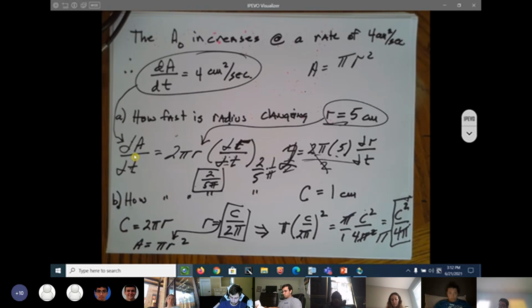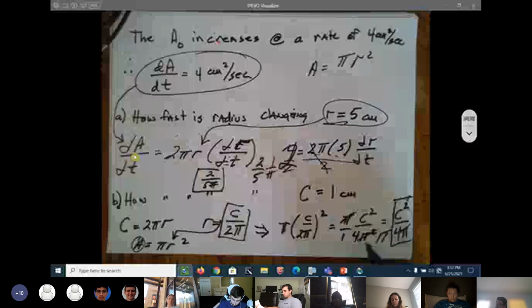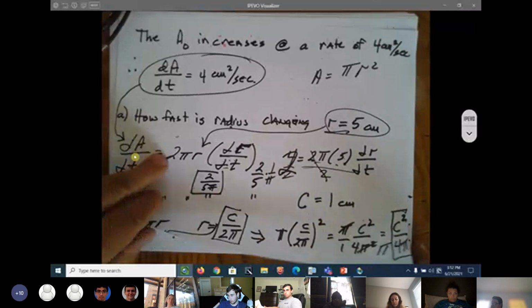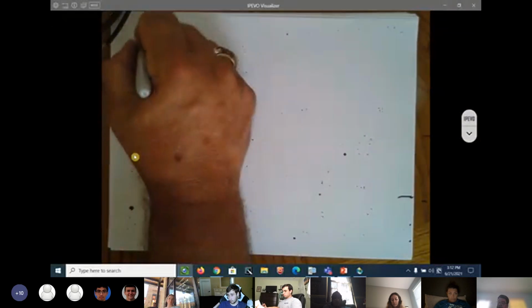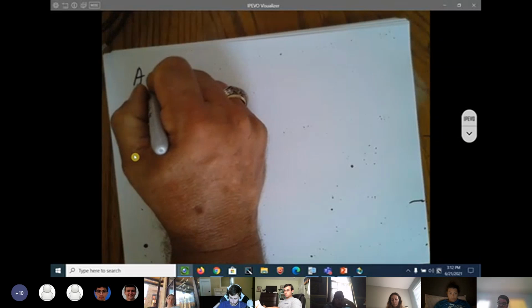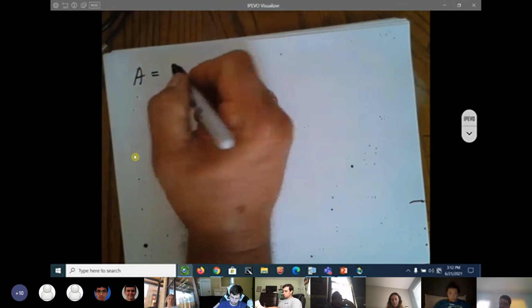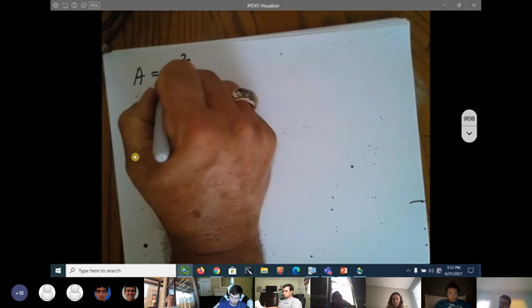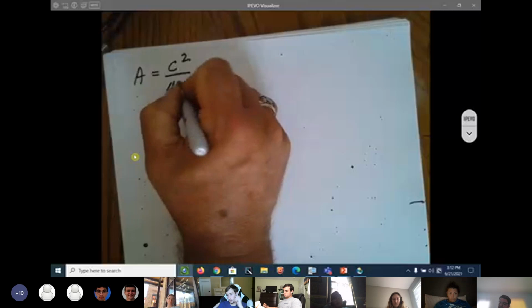Area, I'm sorry, that's area, not r. So I'm going to start on the next page. The area for my changing circumference is equal to c squared over 4 pi.